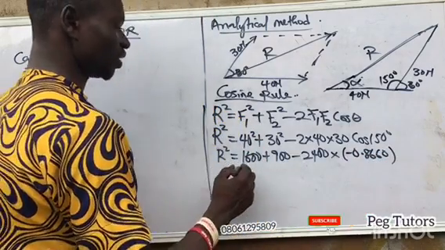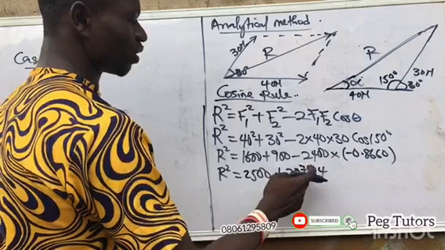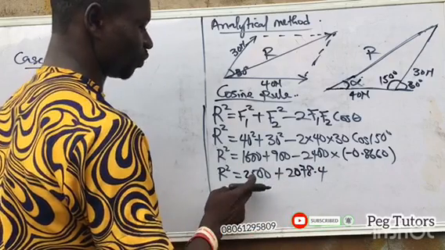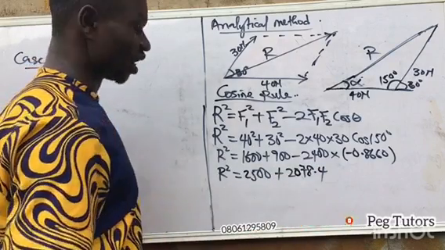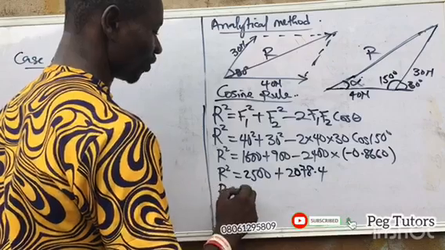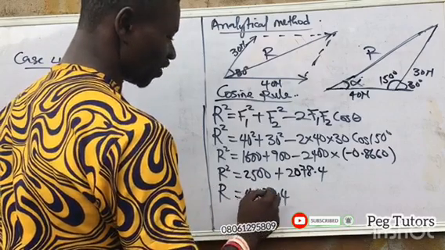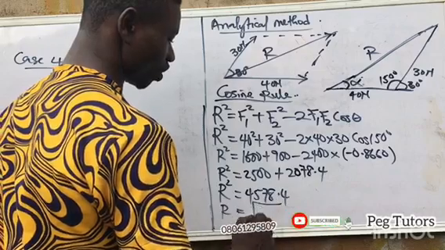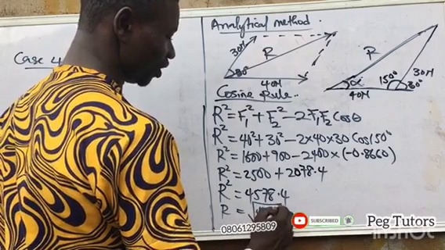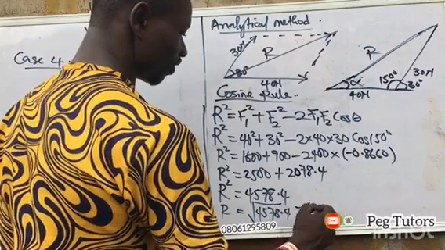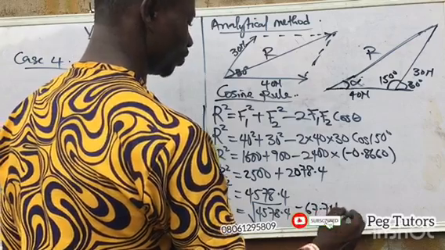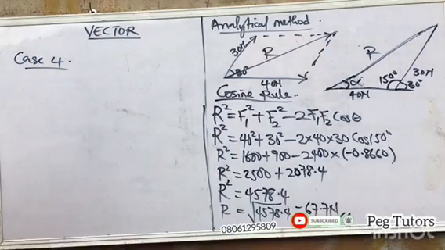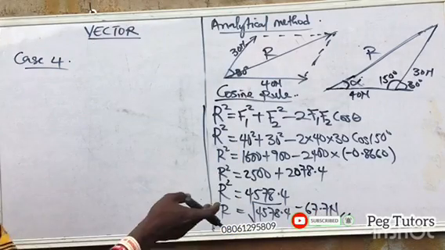So we have 2078.4 plus 2500. That will give us r squared equal to 4578.4. So r now will be equal to the square root of 4578.4, which is 67.7 Newton.